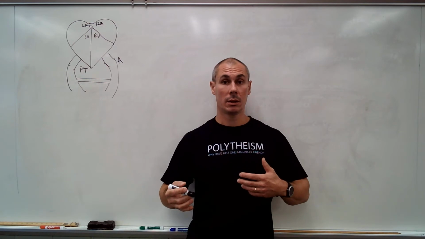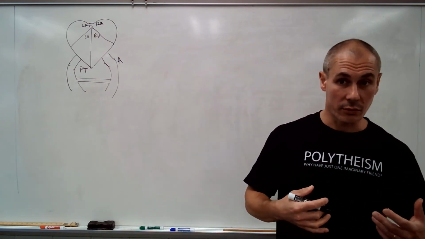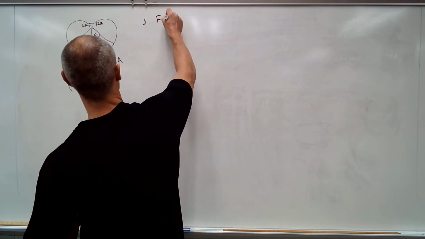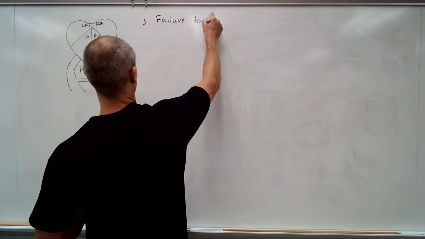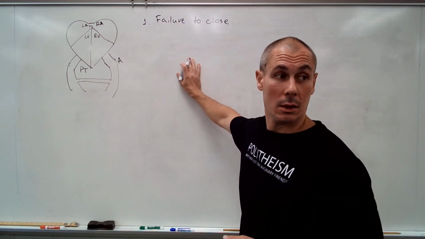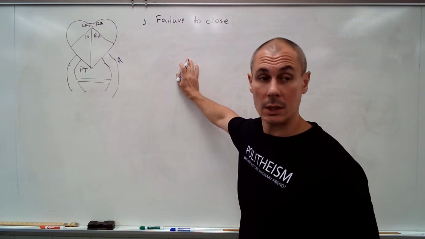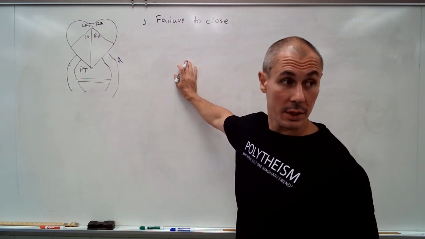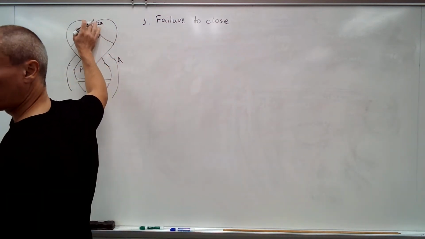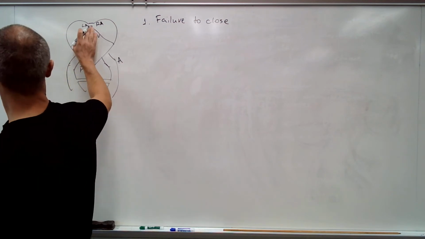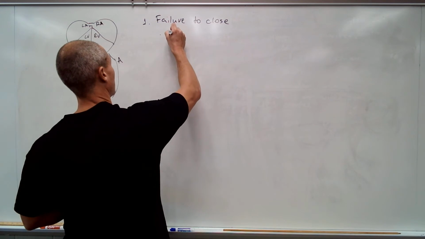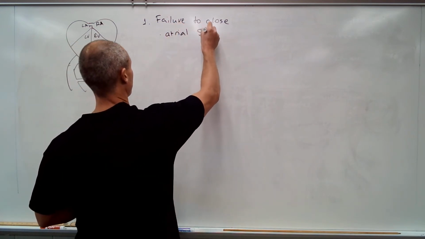So what are the problems that we can face? I'm going to put it broadly: failure to close. Look what can happen here. One of the common pathologies in newborns is when the foramen ovale fails to close. So you have atrial septal defect.